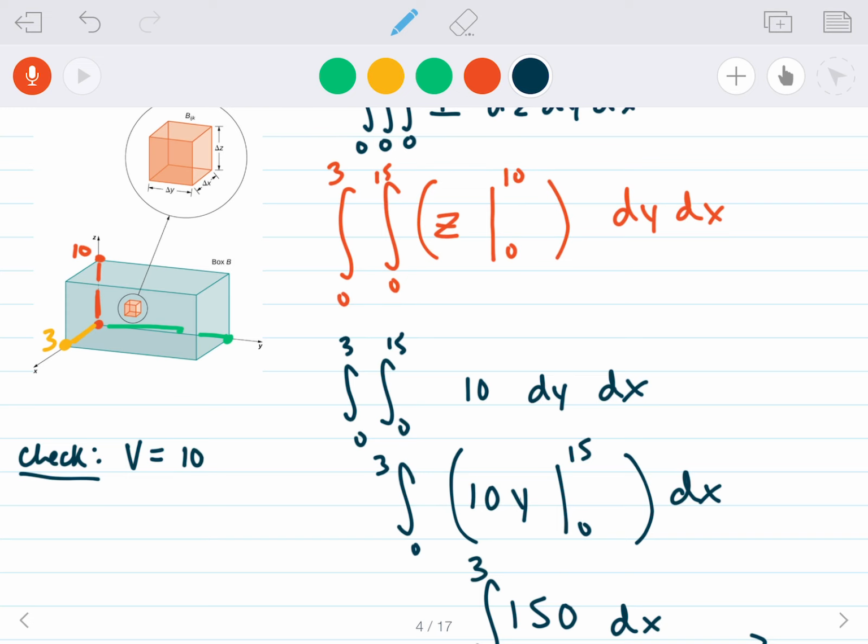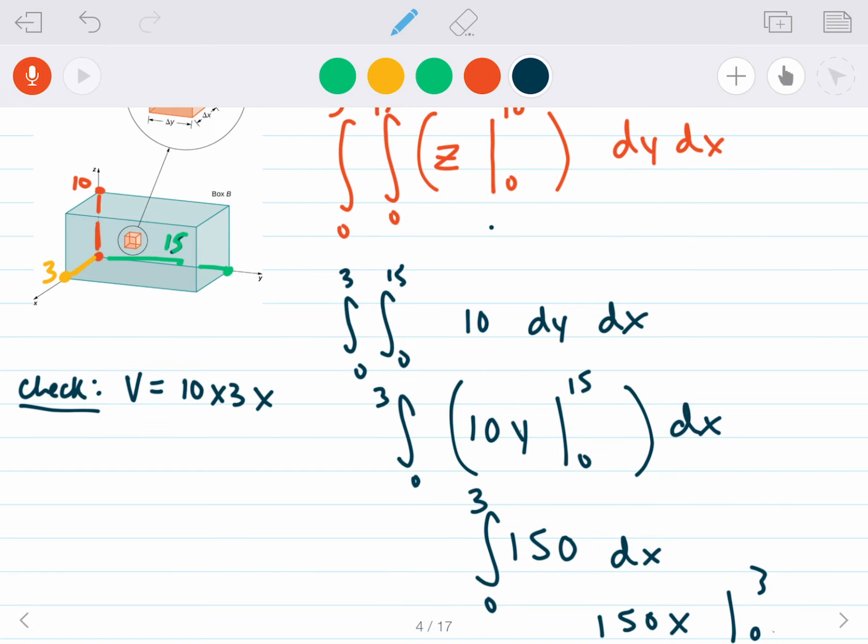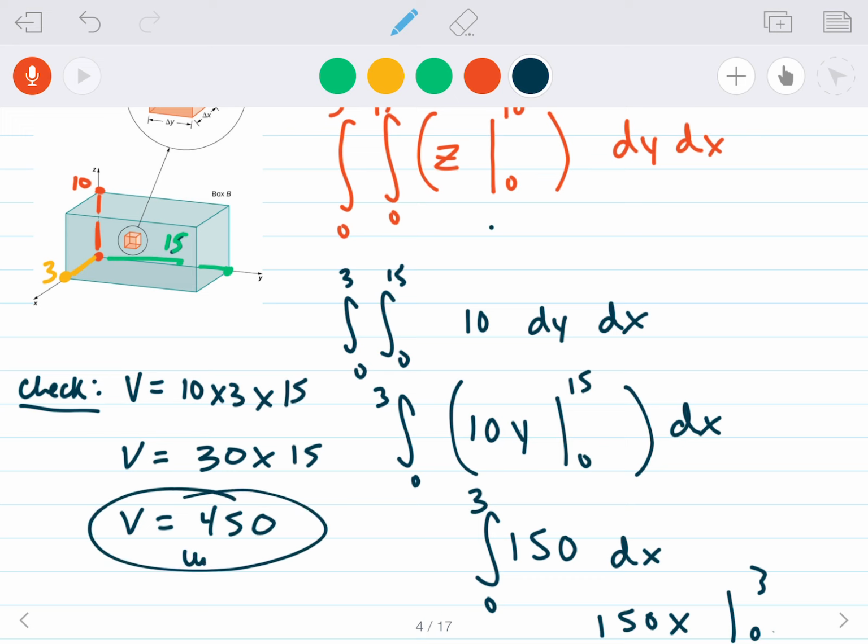So you have 10 times 3, and then that green guy was 15. Sorry, I didn't label that, but that was 15. Yeah, so V is equal to 30 times 15, which is indeed 450. And we're not given units, but this is going to be units cubed.